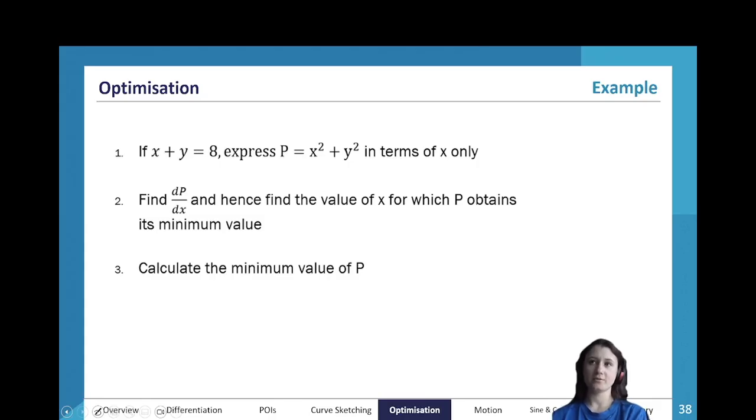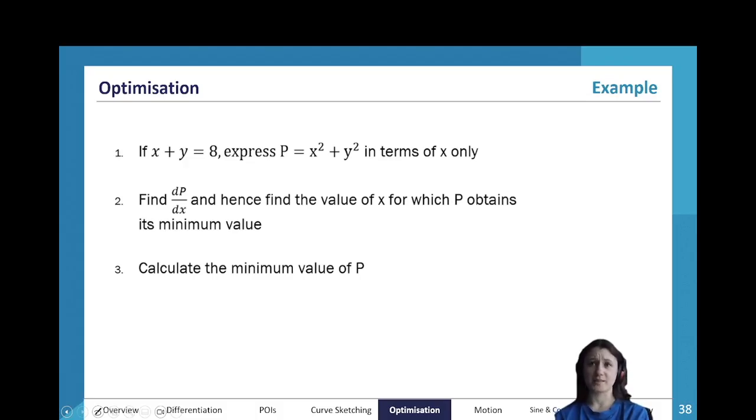We almost have two variables here, x and y, right? Instead of where we just usually have x. The good thing is that we know that x and y also have a relationship. So we can express x in terms of y, or y in terms of x. Alright?